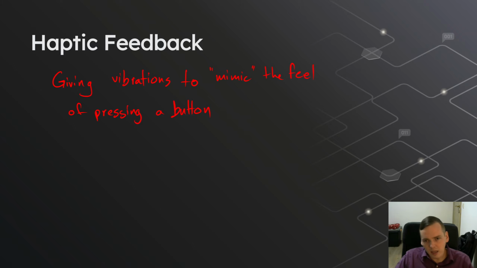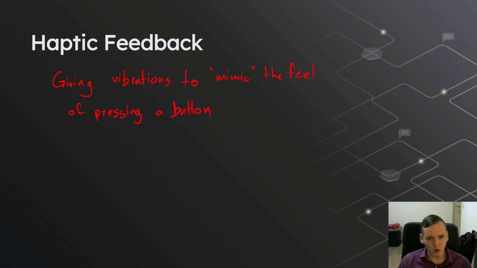So one thing that, as we've designed consumer devices, we found is really useful is to give some sort of feedback so that you know that that button press was registered. That idea is haptic feedback. And as we've gotten better and better at designing vibrations and engineering, we can make it feel closer and closer to you actually pressing a button.